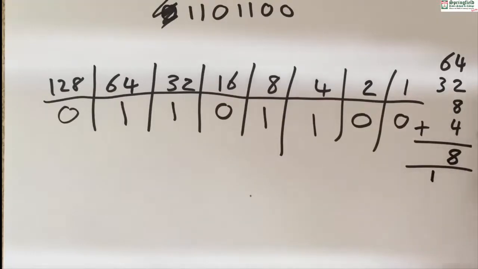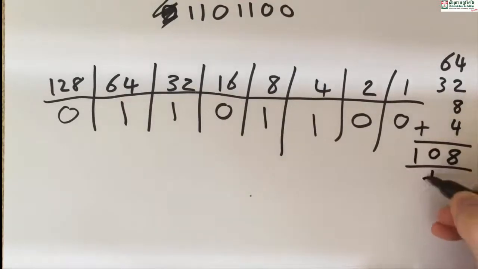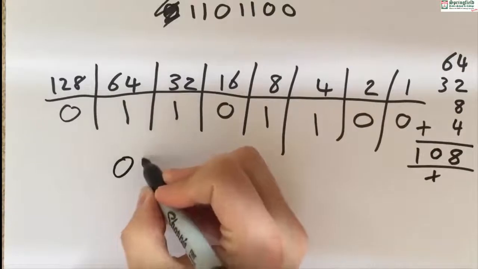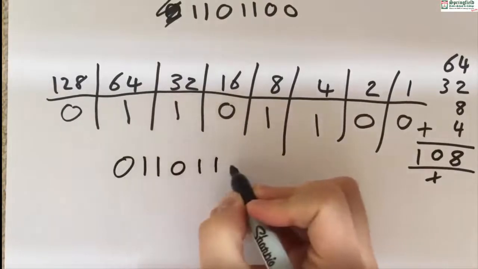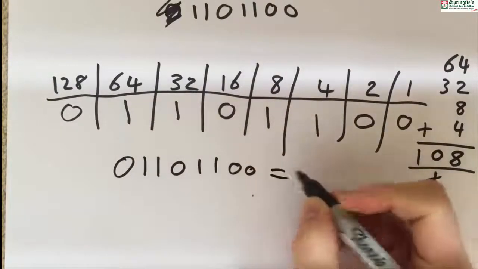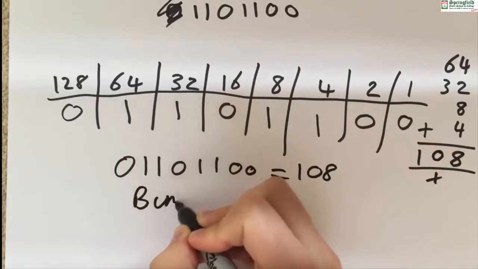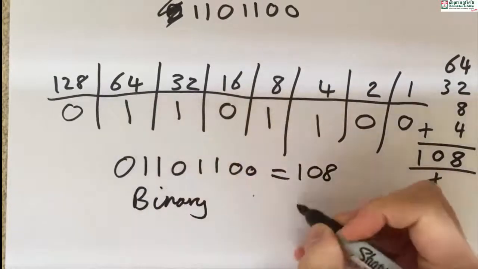Carried my 1 because I'm using this method of addition. 6 add 3 is 9, add the 1 is 10, and I've got to the answer of 108. So now it's fair to say that the binary number 01101100 is equal to the denary number 108. Again, this one being binary and this one being denary.